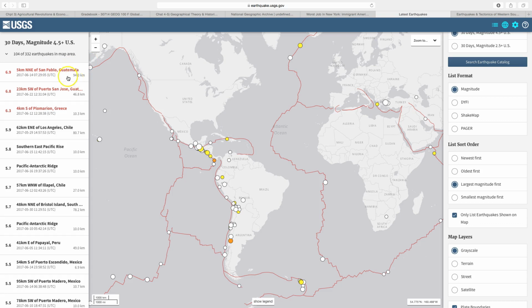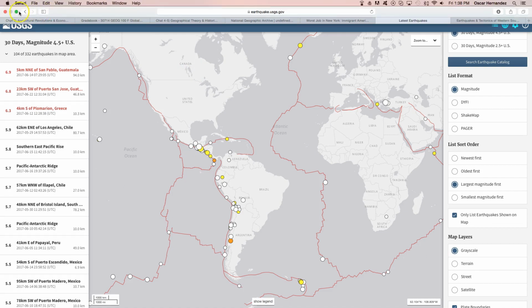Guatemala a couple of days ago with a 6.9, and San Jose, also Guatemala, at 6.8. And that west coast of Latin America has experienced a lot of earthquakes recently, showing you that this is a tectonically active region of the world.